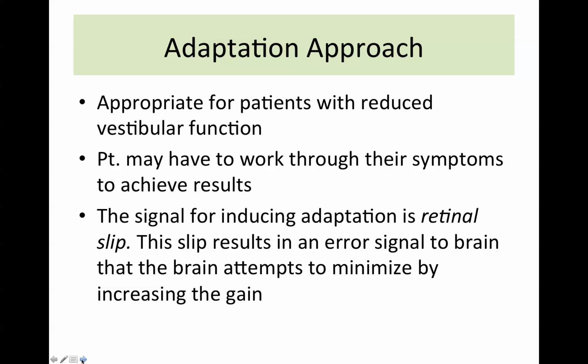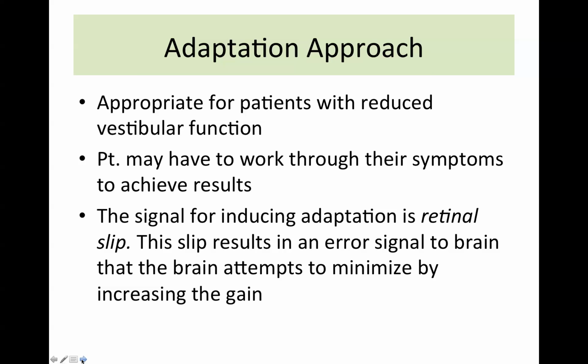Okay. The key thing to the adaptation is that one needs a retinal slip. So retinal slip means that the image of the object that you were looking at moves off of your fovea. Remember, that's at the back of your retina where your central vision is most accurate. All right.